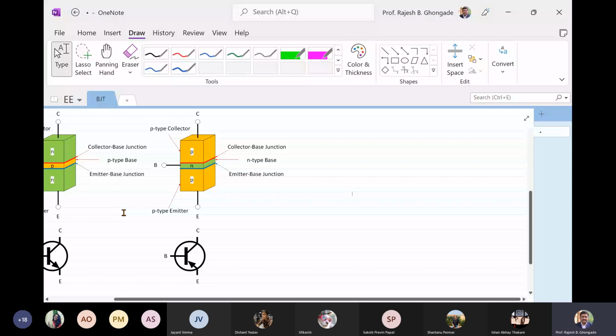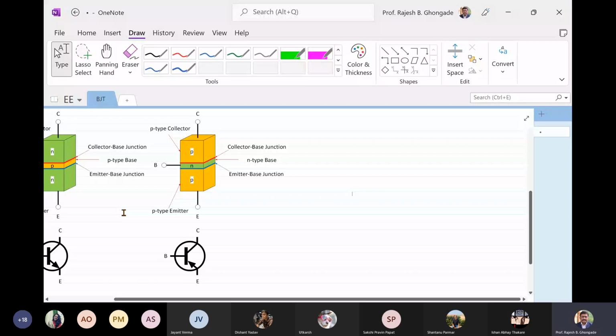Here you can see the P-type is sandwiched between two N-type semiconductor materials. Obviously, what we have here is a junction. This is one junction and this is another junction. That is how we get two different junctions. Is that clear to all of you?